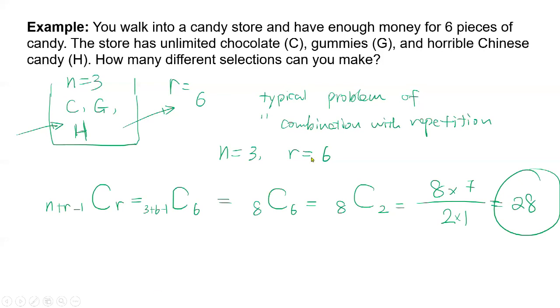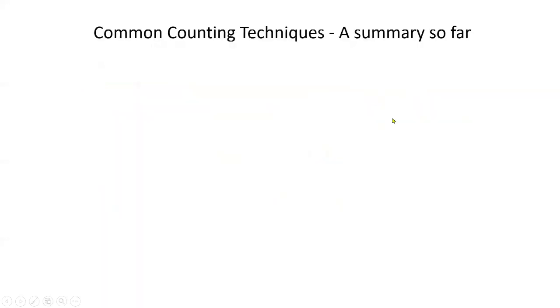All right, any questions? If you have no questions, we can make a brief summary of what we have learned so far. So far, we have learned 7 common counting techniques.